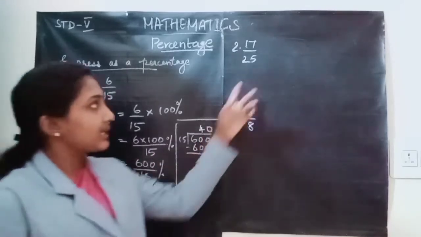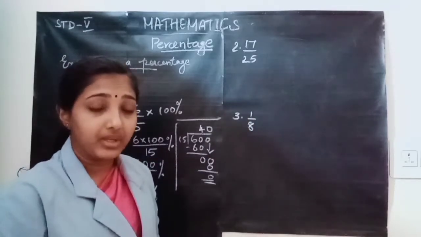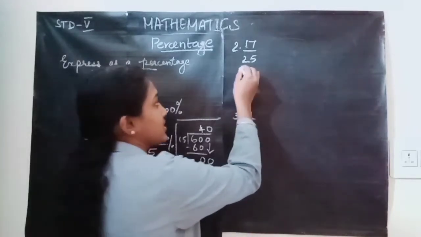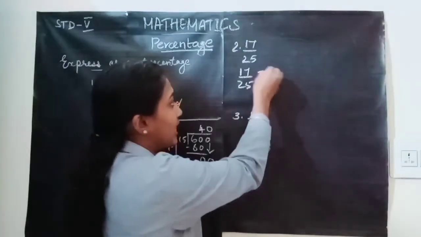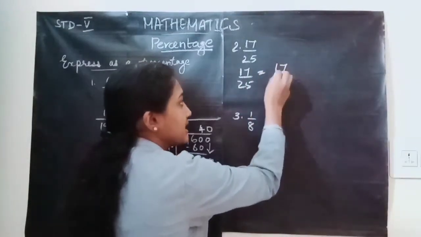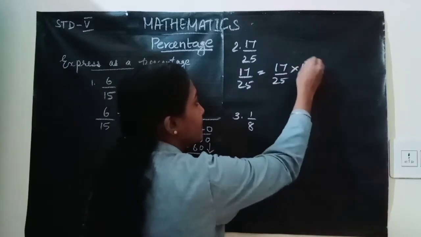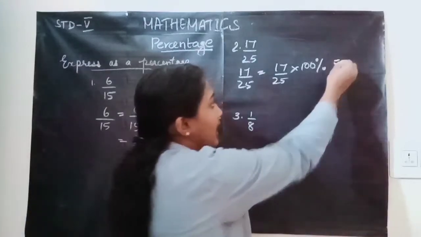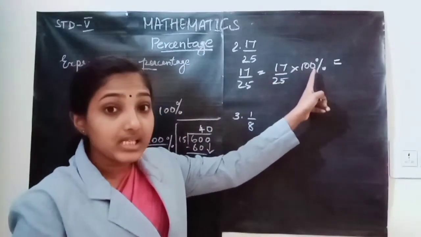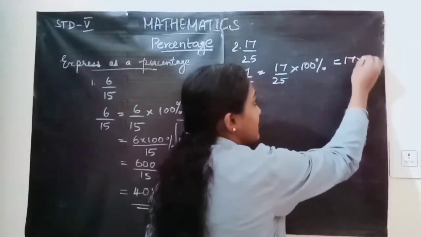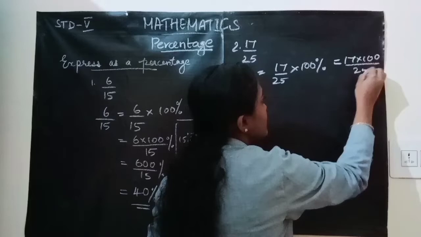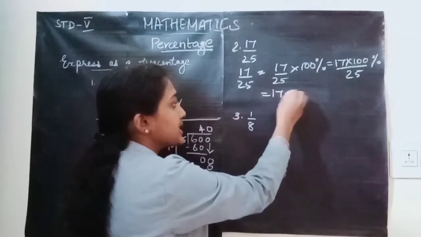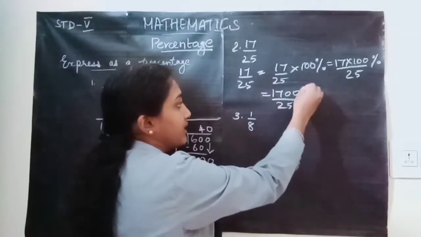Okay. Moving to our next one, it is 17 by 25. Here we have to express it as a percentage. So just multiply the given fraction with 100. So it is 17 by 25 into 100 percentage. We multiply the numerator and 100. So it is 17 into 100 by 25 percentage, and 17 into 100 is 1700 by 25 percentage.